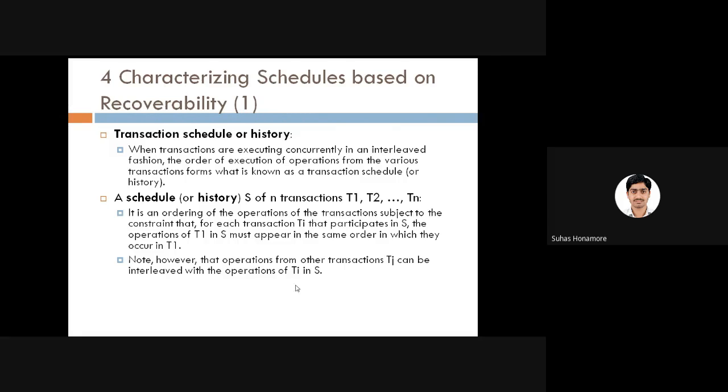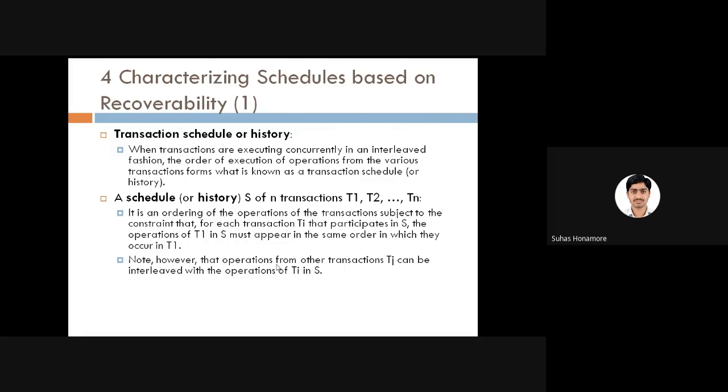It may happen that T1's first operation executes, then some operations of T2 or T3, then T1's second operation. It may take some time, but it has to appear in the same order in S.